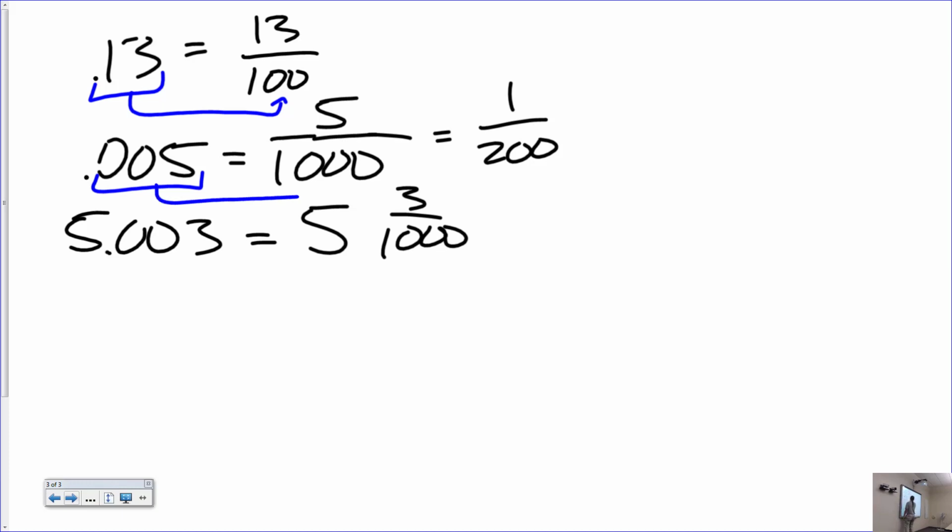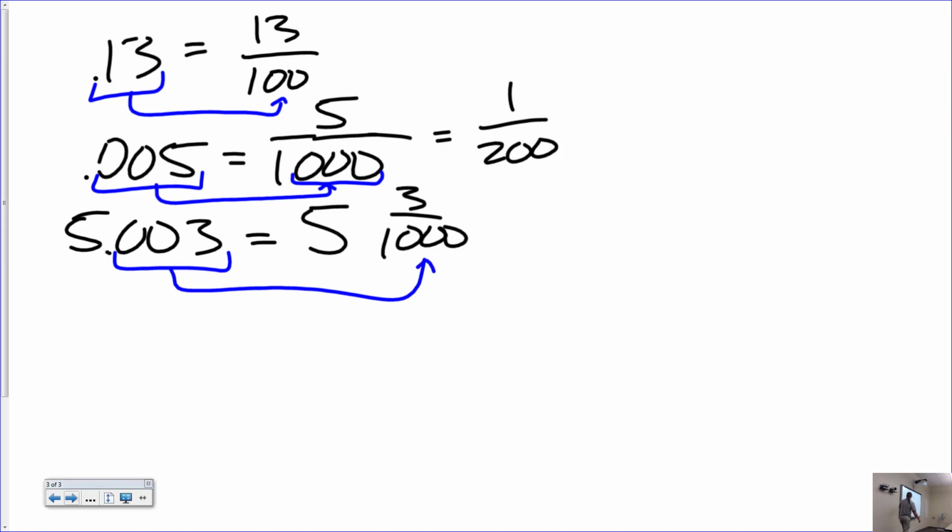How many zeros are in my fraction? 3. That always works, folks. All right, so technically you don't have to try and figure out where it goes. Just go ahead and say, how many decimal places do I have? Again, note, there's 3 decimal places here, 3 zeros in your fraction.